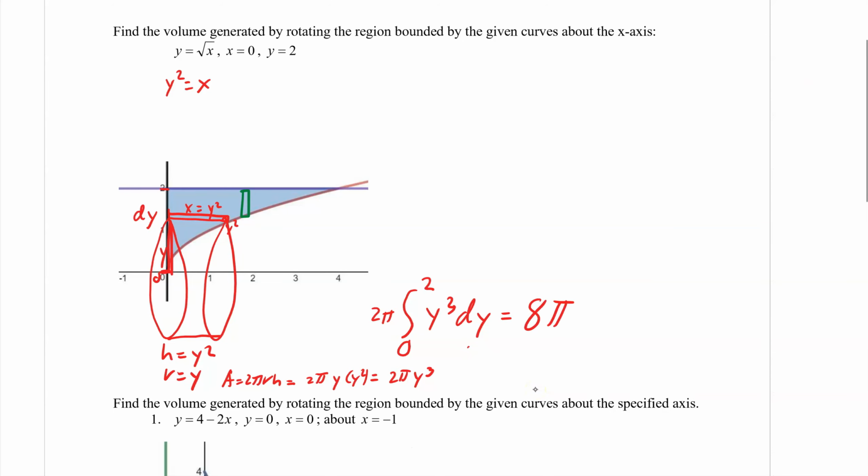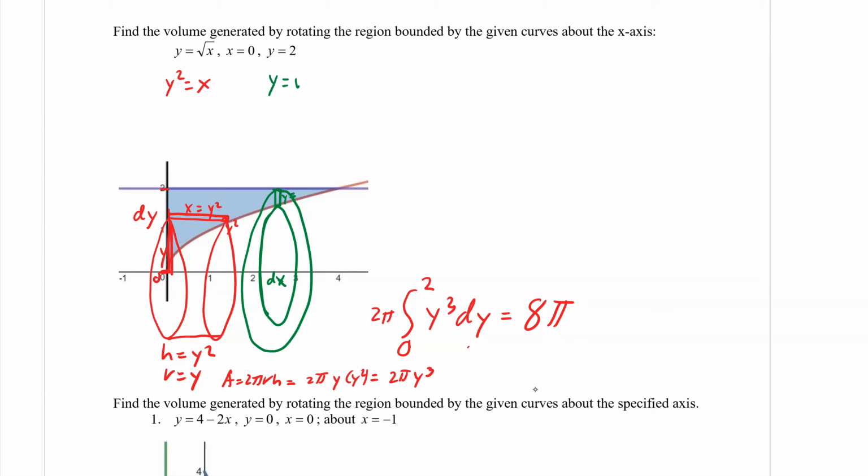All right. So now what I'm going to do is move this rectangle a little bit over so we have a little room for it. And we're going to rotate it now. But this time, it's going to be washers as we rotate it. So again, if it's vertical, that means it's dx, and this is y equals. So we need to go back and look at all the y equals.